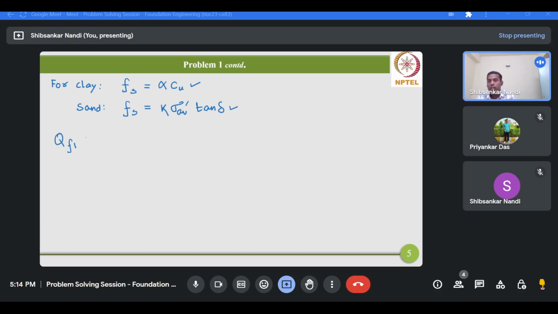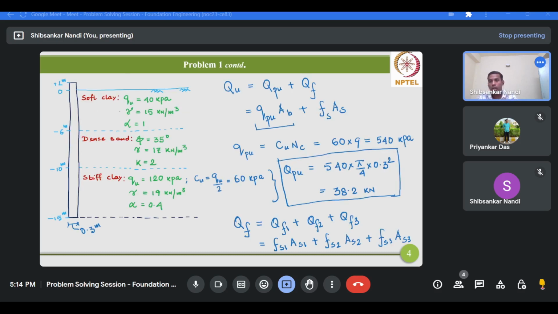Okay, so QF1, that is the ultimate skin friction resistance contributed by soft clay, will be alpha times Cu. Now what is the value of alpha for soft clay? It is basically 1, as given in this problem. And what is the value of Cu? The value of Cu will be 20 kPa.